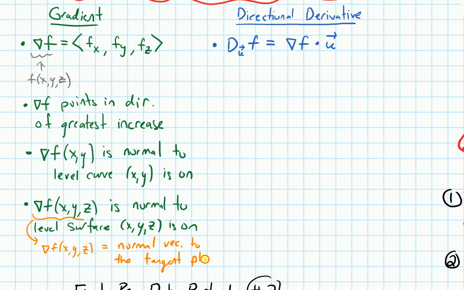So in this case, we have a level surface, and the gradient vector is normal to that surface. And that would mean that it's also a normal vector to the tangent plane. So the tangent plane to our level surface, which is f of x comma y comma z equals c, where c is some constant.